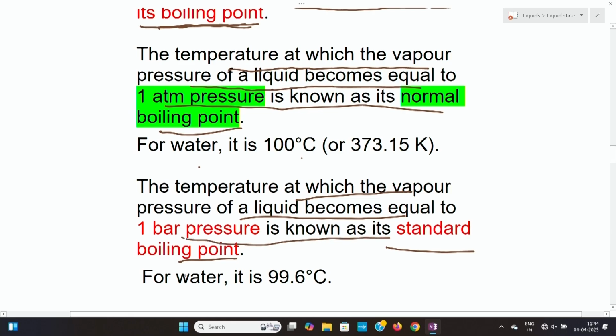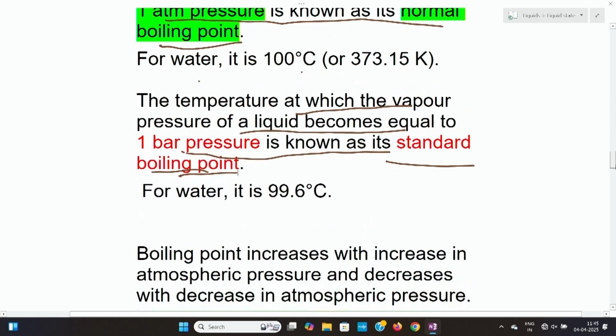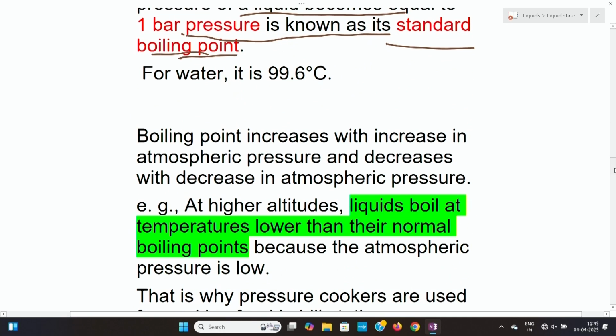For water, the standard boiling point is 99.6 degrees Celsius. One application of this is that at higher altitudes, the boiling point decreases.